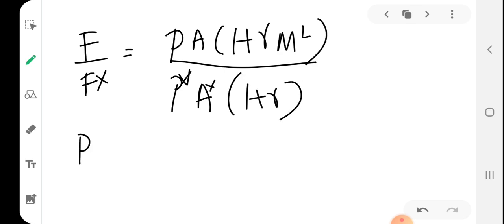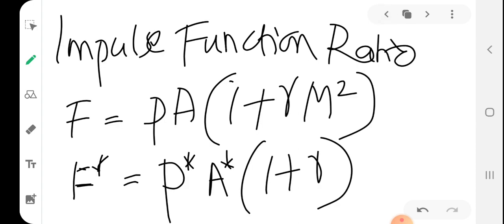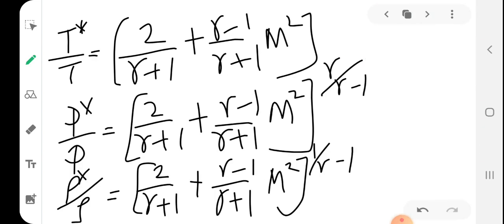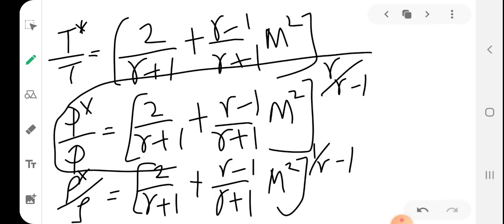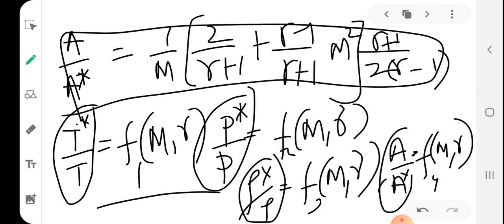We know the values of P by P star and A by A star; we derived these equations earlier. So substitute, and use the inverse for P star by P.